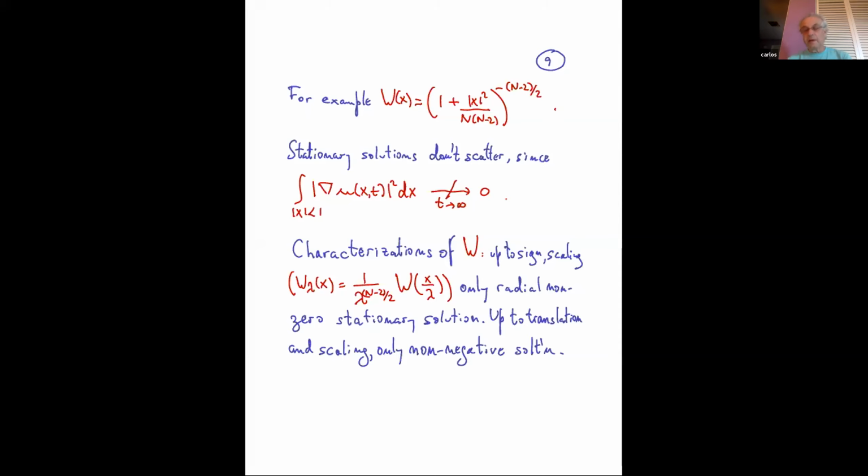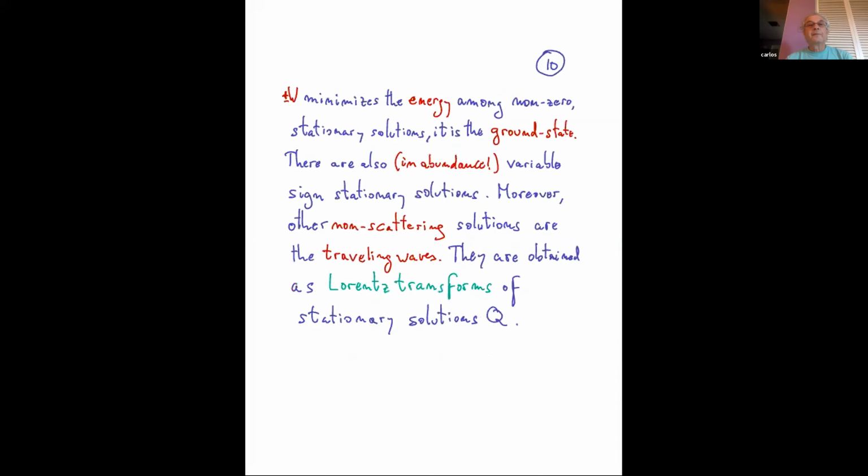And this is a classical result of Gidas-Ni-Nirenberg, Caffarelli-Gidas-Spruck. So plus and minus W minimizes the energy among non-zero stationary solutions.